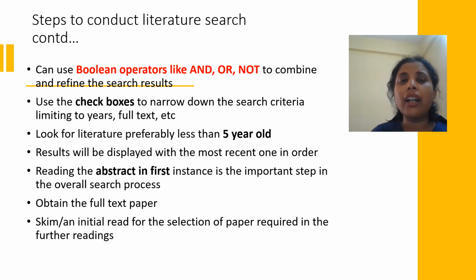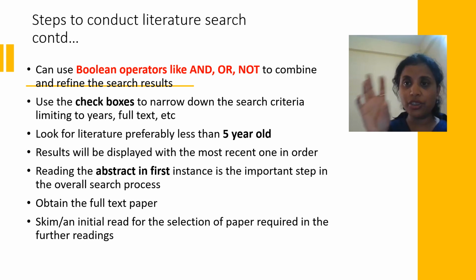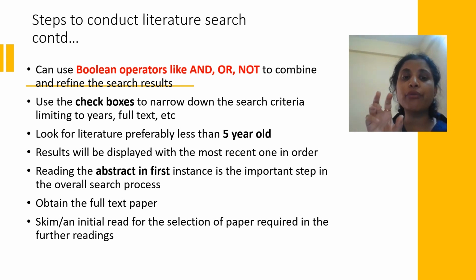The best step to follow is to read the abstract first, read the gist first. From the abstract, if you feel that this topic will help you in your further search, or the topic selected by your teachers, then skim it, meaning fast, rapid reading.